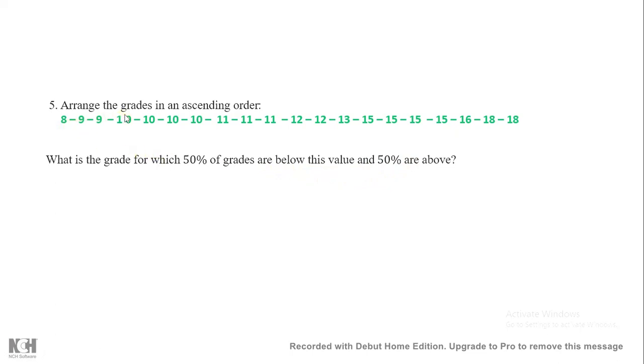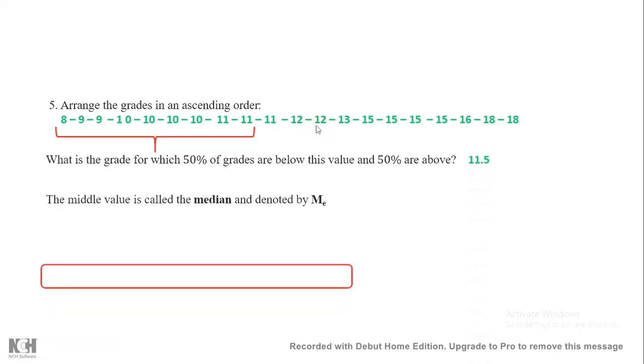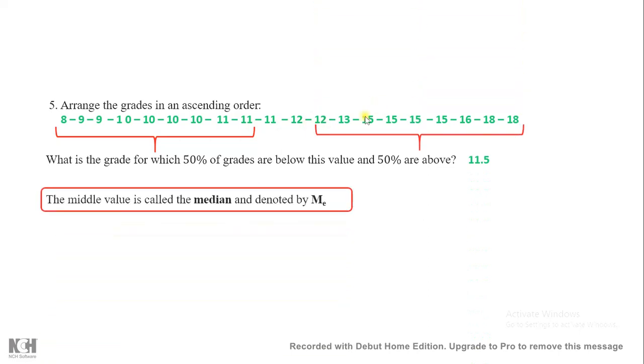Since we have listed the 20 grades in increasing order, we separate them into two equal groups, 9 grades and another 9 grades, leaving two grades in the middle.